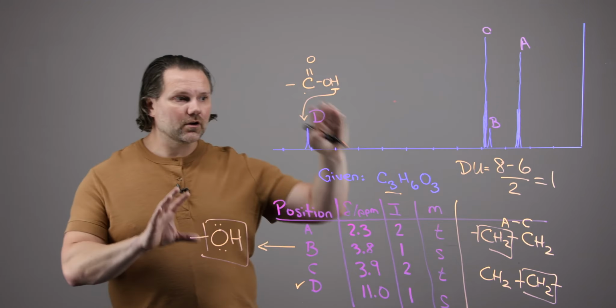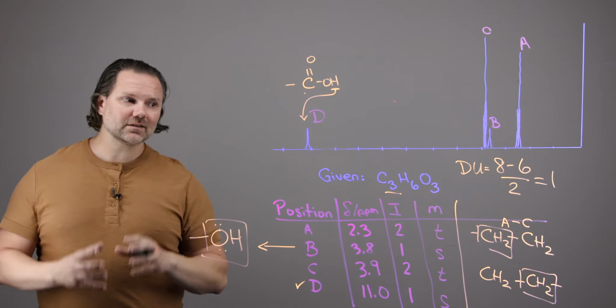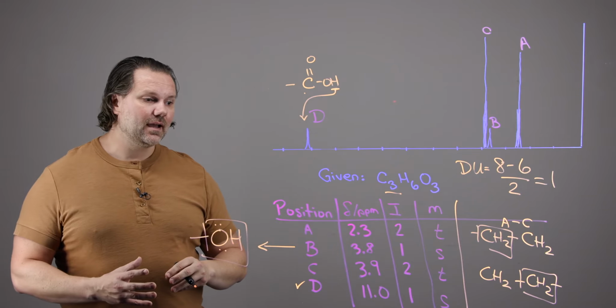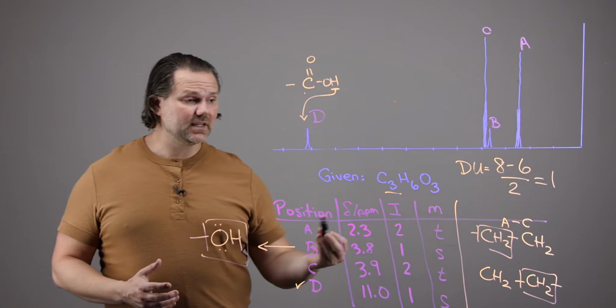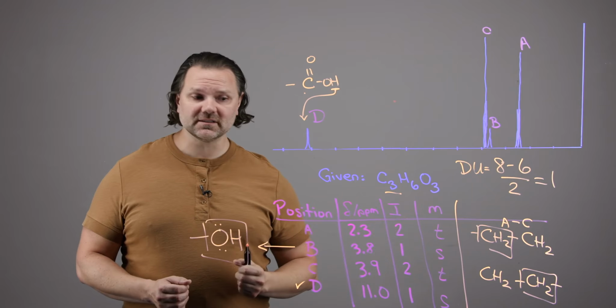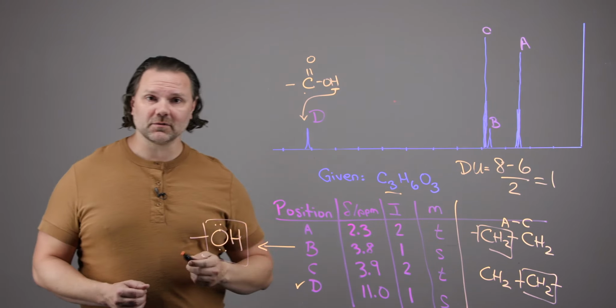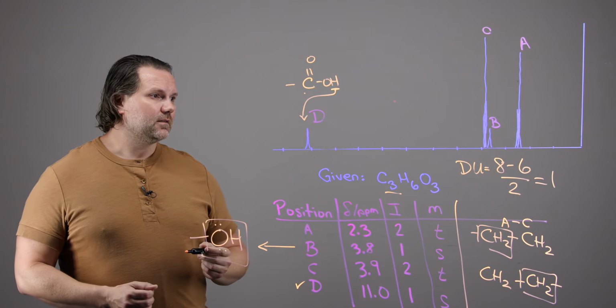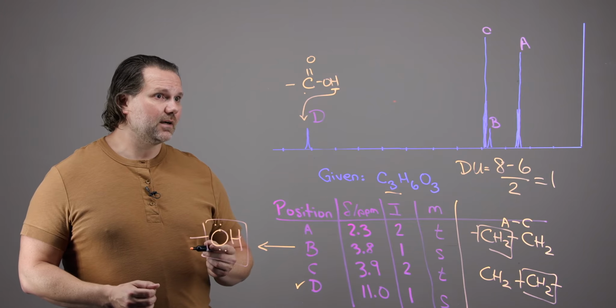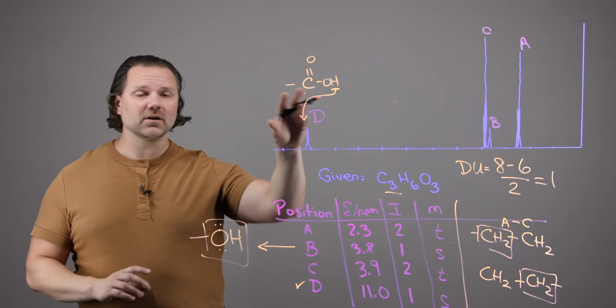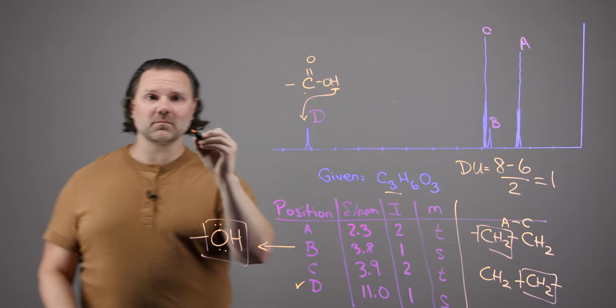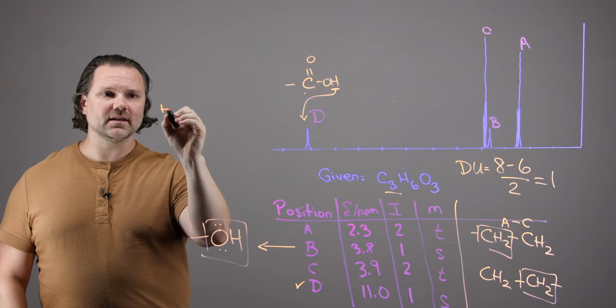All right, we've got our pieces. We just have to figure out how to fit them together. And this should explain our multiplicity as well as our chemical shift. So let's start off by saying we have a carboxylic acid on one end of the molecule. So let's draw that.